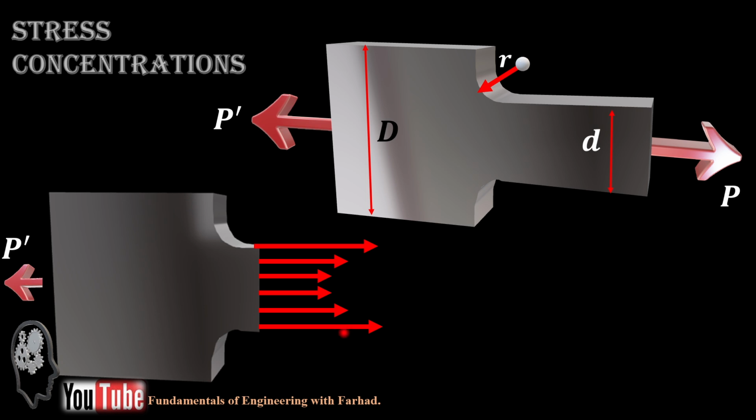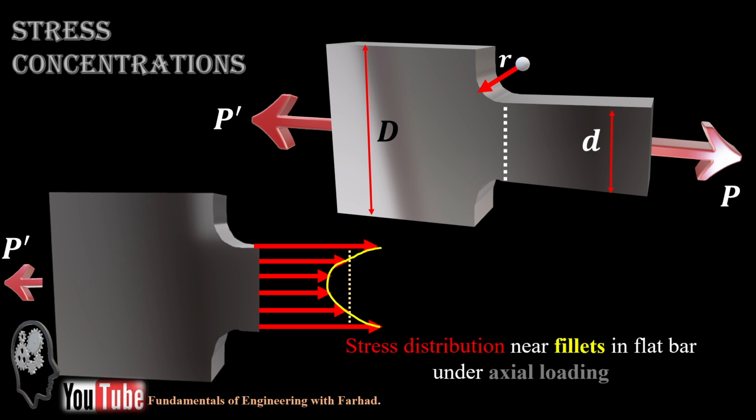The stress in the vicinity of the fillet is much higher, and when you move farther from the vicinity of the fillet, the stress decreases; likewise, when approaching the fillet from the bottom part, the stress increases. So again, this is the stress distribution near fillets in a flat bar under axial loading. This is sigma max at the sides, this is sigma min at the center, and this is sigma average.